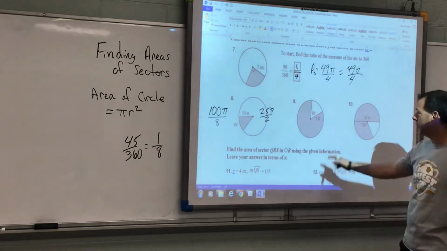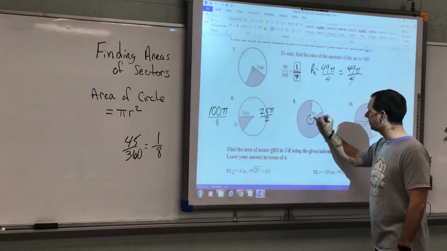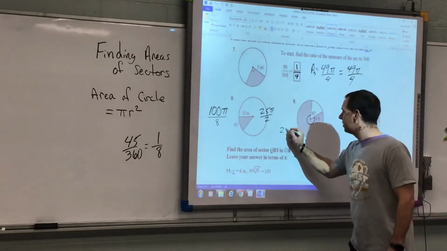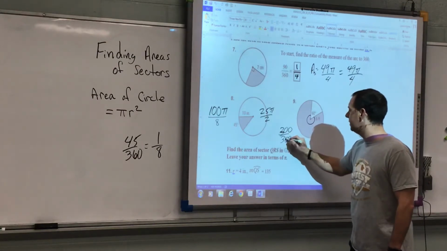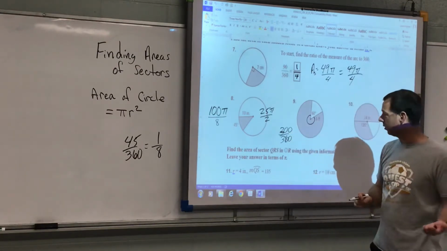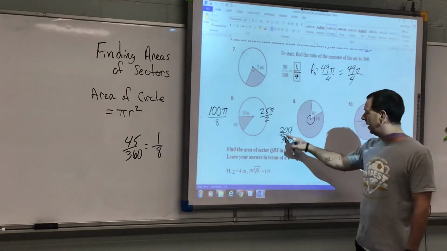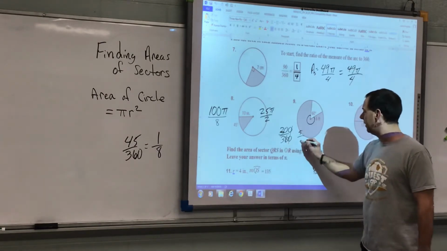To give you another example, this one right here, since this sector is 300 degrees, I would say that it is 300 out of 360 of the circle. That reduces to 30 over 36. That divides by 6, and that divides by 6.